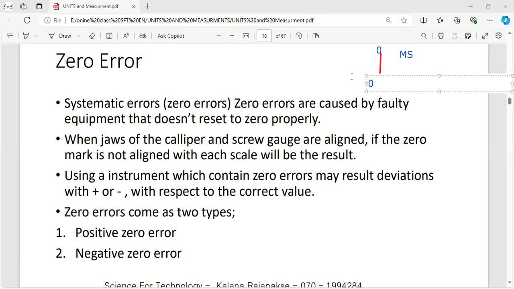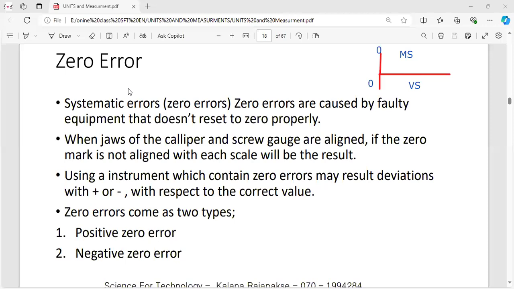Both scales have a zero mark, on top here as well as on the vernier scale. Before using this machine, the zero of one scale should be aligned perfectly with the zero of the other. I will show you the figures for you to understand easily.